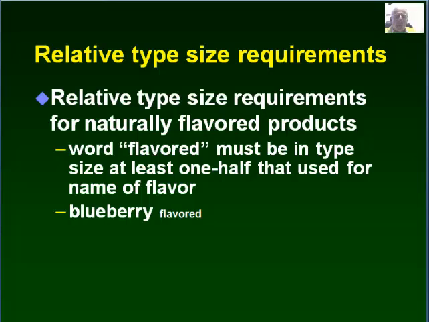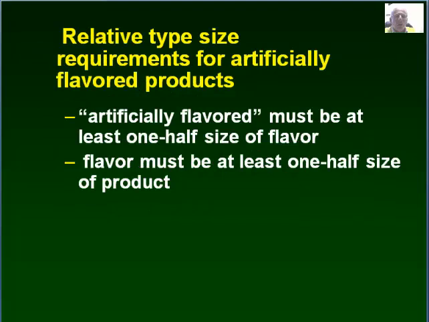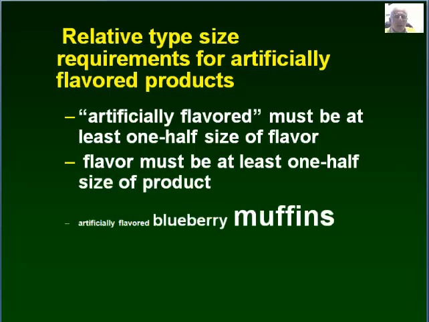If we go to artificial flavored, then it must be at least 1/2 the size of the flavor, and the flavor must be at least 1/2 the size of the product. So if we go back to the blueberry example, and we look at muffins, and then we have blueberries, and then the artificially flavored has to be 1/2 the size of blueberry, and blueberry is 1/2 the size of muffins in terms of relative type size.